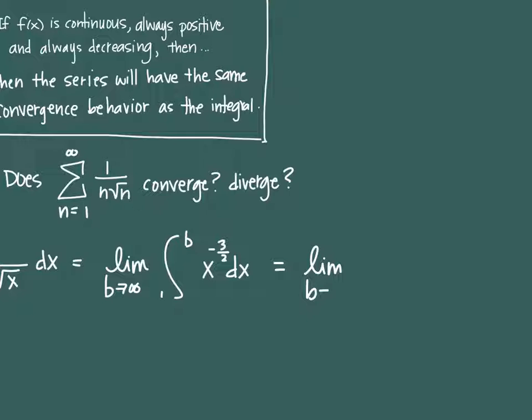So the limit as b approaches infinity of, okay, I find the antiderivative of x to the negative 3/2, which will be x to the negative 1/2, multiplied by negative 2, plus c, going from 1 to b.